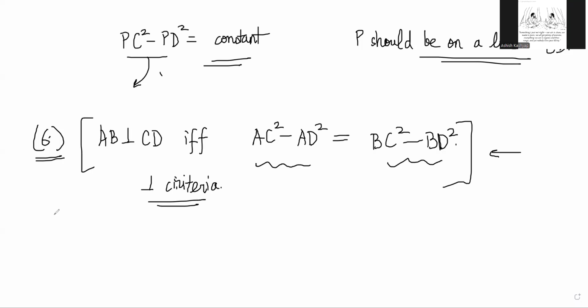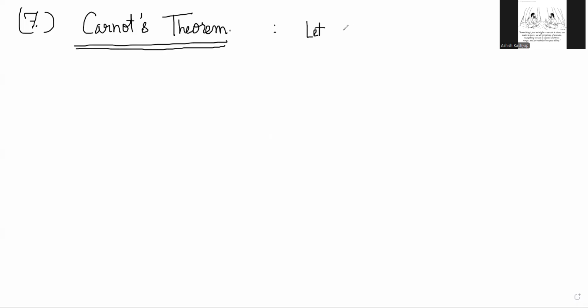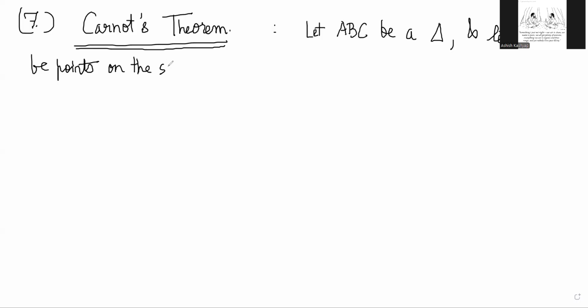Okay, now we'll go to the next point, which is a very important theorem again. It is called Carnot's theorem. So what is Carnot's theorem? The statement goes like this: let ABC be a triangle and let M, N and P be points on the sides BC, CA, AB respectively.